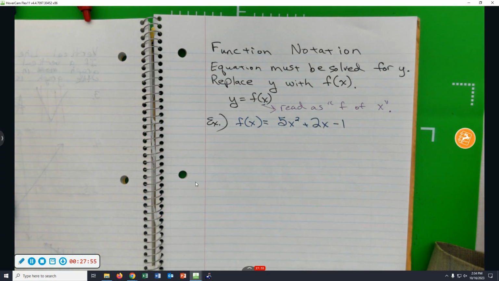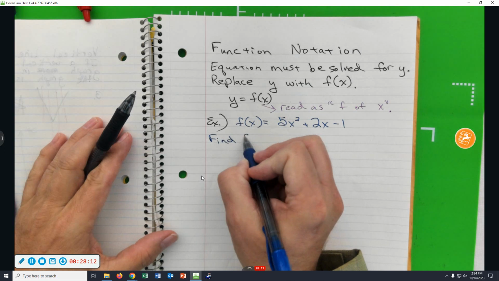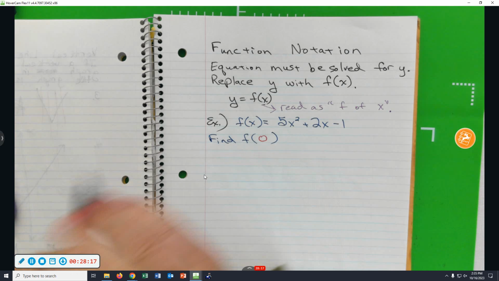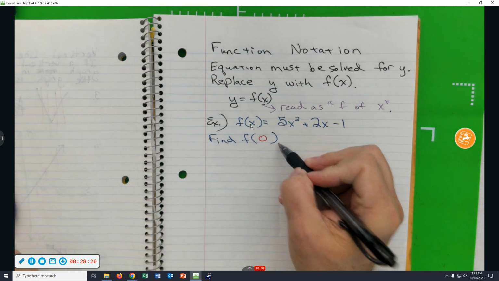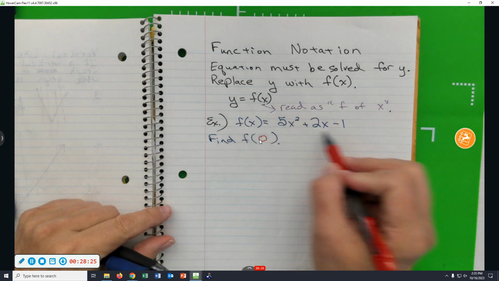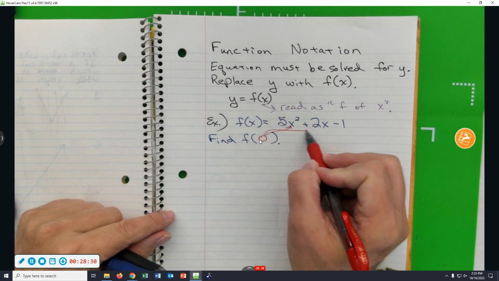If I wanted to know what y equals when all of those x's are replaced with the number 0, I could just say find f of 0. Whatever's in the parentheses, everywhere you see the variable x, you're going to replace it with that number.